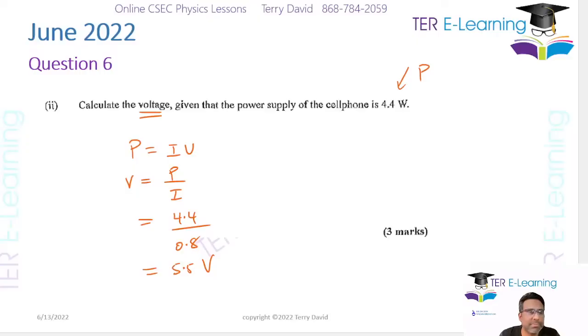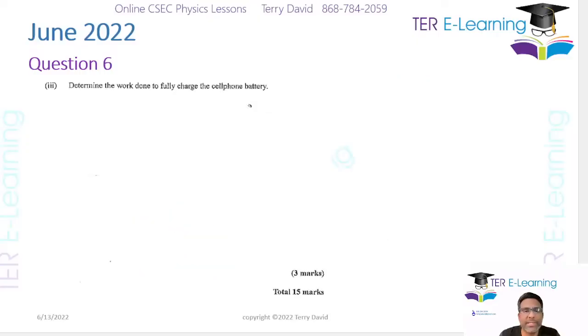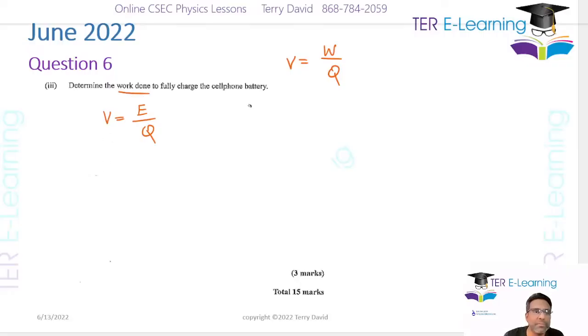And the last part: determine the work done to fully charge the cell phone battery. This one would have given some students some trouble, and this is a formula we don't see that often. V is E over Q, or some of you may have written it as V is equal to W over Q, because they want to know the work done. So let me use W instead. This is a formula that defines voltage.